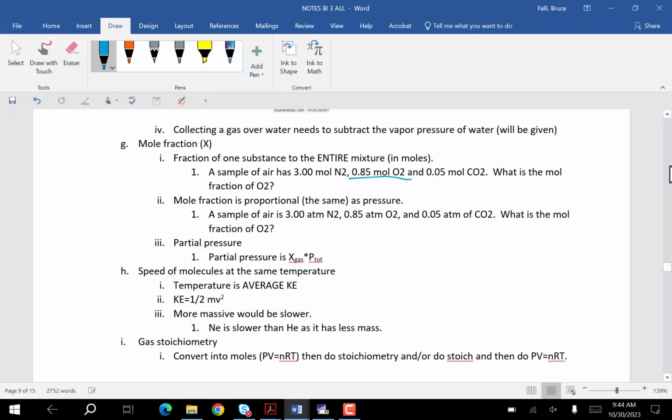So O2 is 0.85 over 3 plus 0.85 plus 0.05. 0.85 divided by quantity 3 plus 0.85 plus 0.05, close parentheses, gives 0.217. Notice how the mole fraction is a decimal.